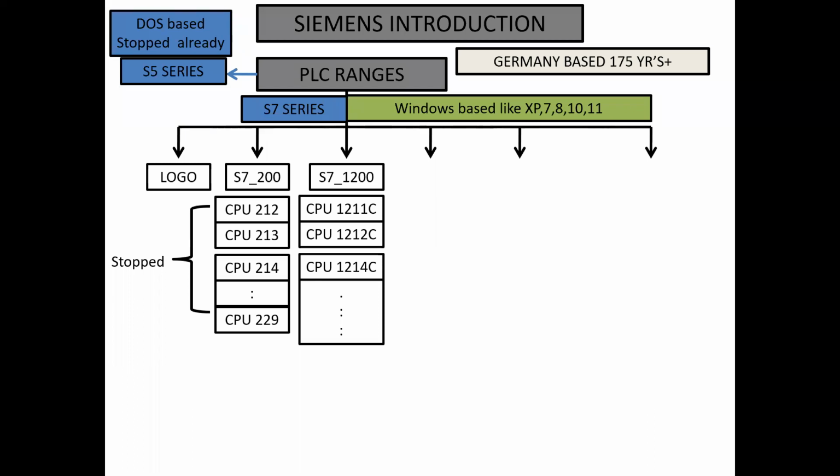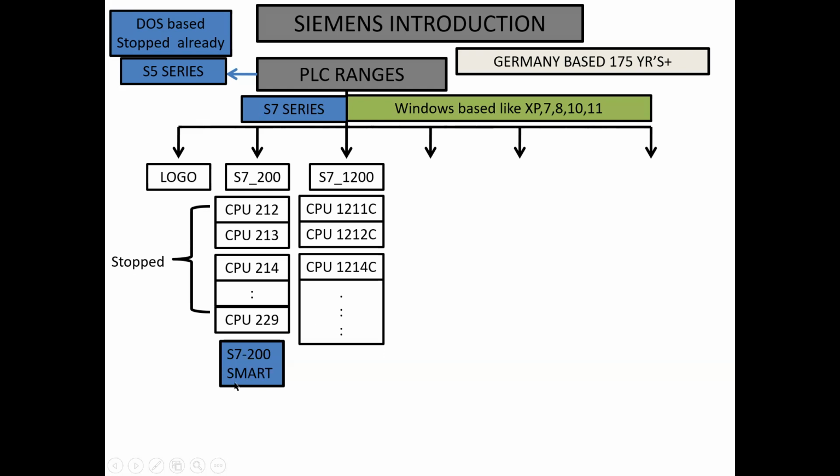Regarding this 200 and 1200, some 200 CPUs are still running, but Siemens has named that S7 200 Smart. They have stopped the 212 to 229 series and launched the S7 200 Smart series. This series is running because learning new software immediately would be a difficulty for engineers.